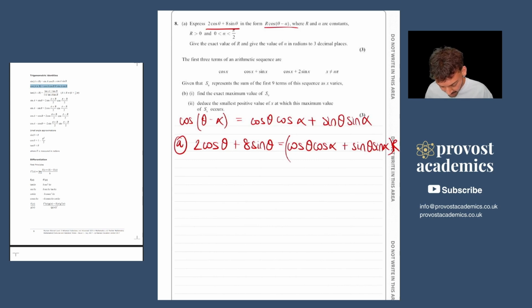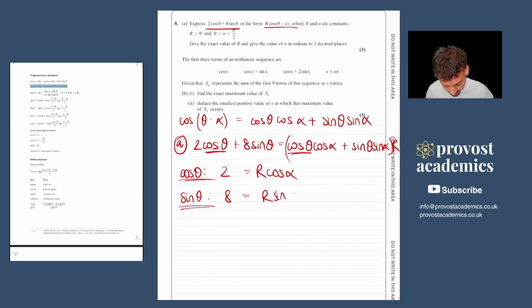So if I compare the cos values on both sides, cos theta, the value on this side is 2, and the value on this side would be r cos alpha. Then sine theta is going to be equal to 8 equals r sine alpha.